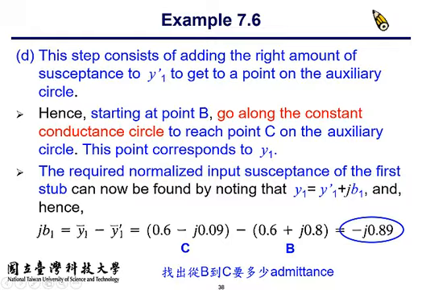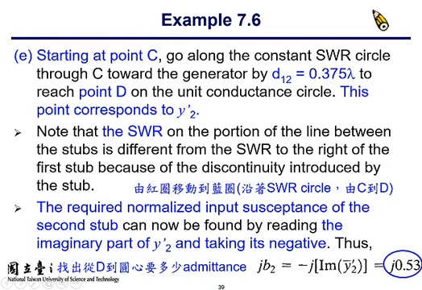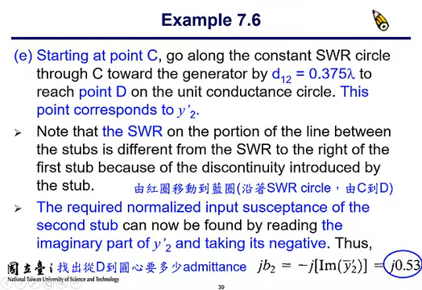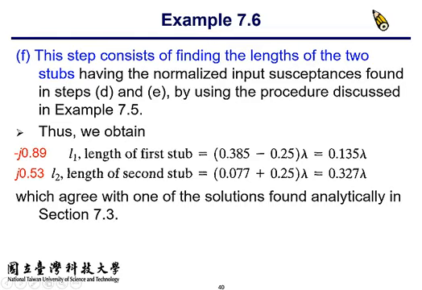And the corresponding length for providing minus J.89 is, as I already showed in the previous slide, you move from the right of the Smith chart to somewhere down below, and the length is 0.135, okay?